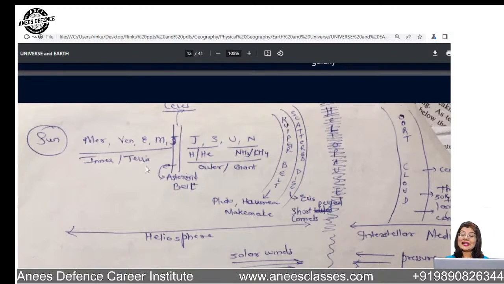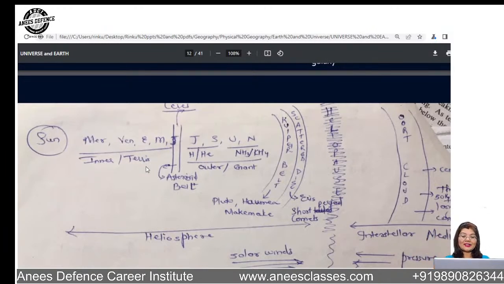Size-wise also they are pretty similar, within the same bracket. Opposed to that, you have 4 planets beyond the asteroid belt, which are named the Jovian planets. These planets are similar to Jupiter, so these are called Jovian planets, outer giant planets, gas planets. Please remember there are different ways in which you refer to these planets.